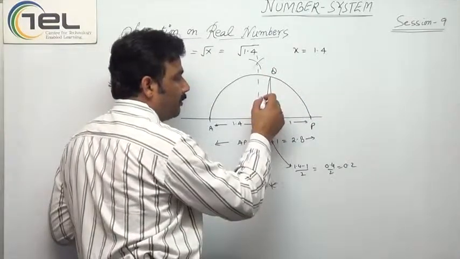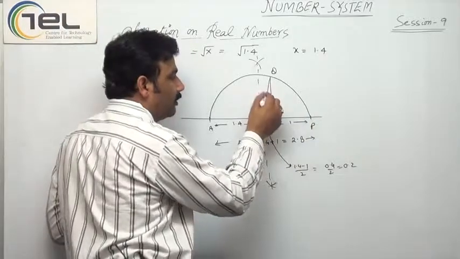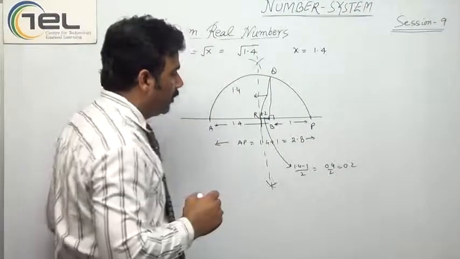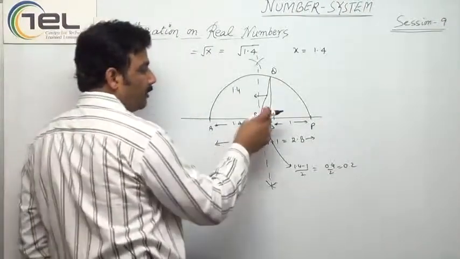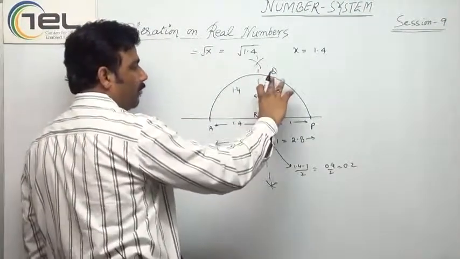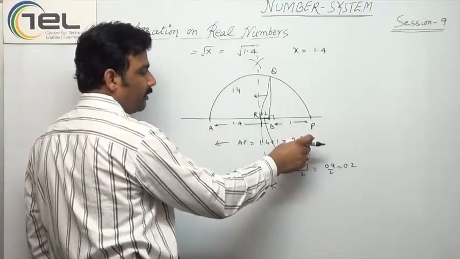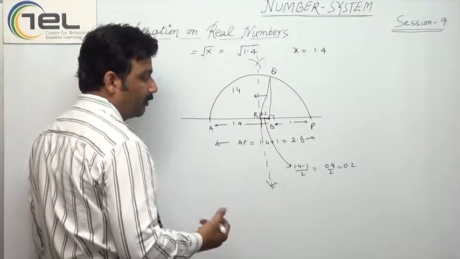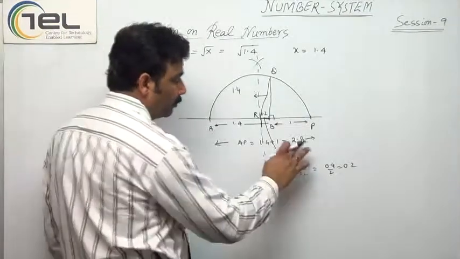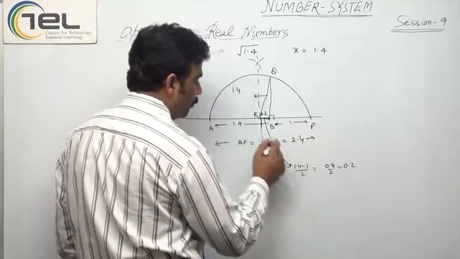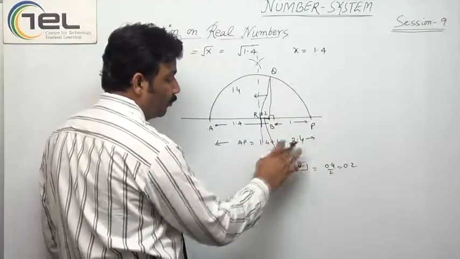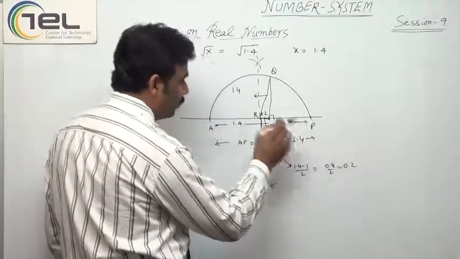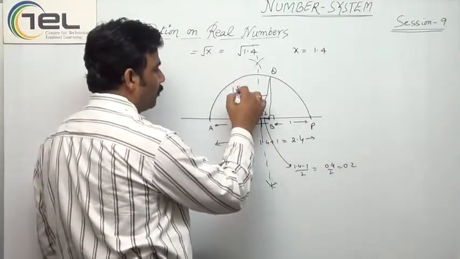In this triangle, this is the radius, same as this one, equal to 1.2. Sorry, this is 2.4, so half is 1.2, and 1.4 minus 1 is 0.2 and it is 1.2.